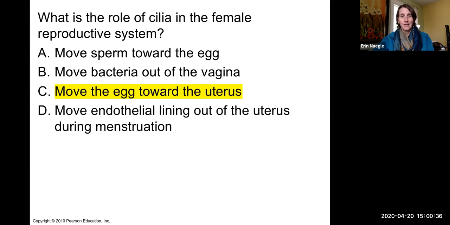No cilia to be found. So not doing that job. And there are also no cilia in the uterus, and the endothelial lining in the uterus is actually moved out through muscle contractions of the uterus, commonly known as cramps.